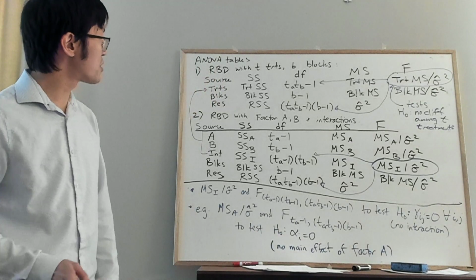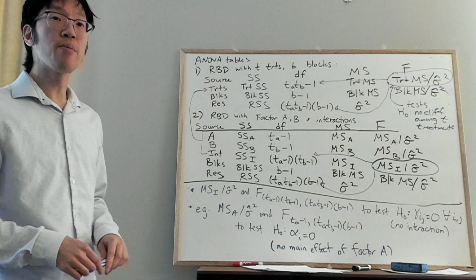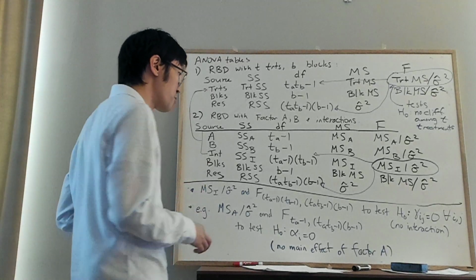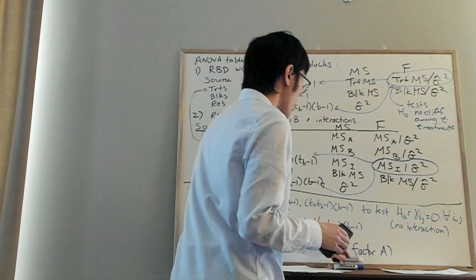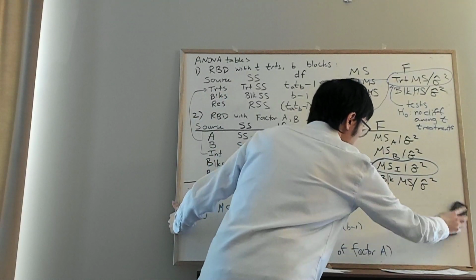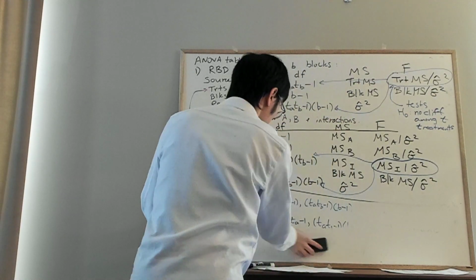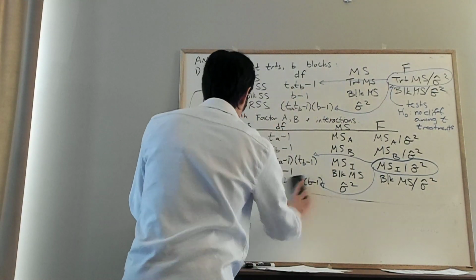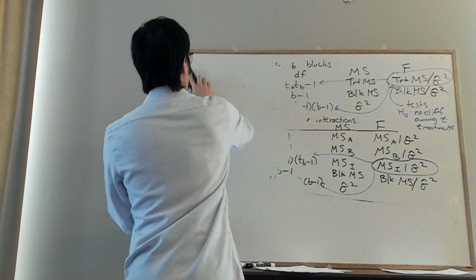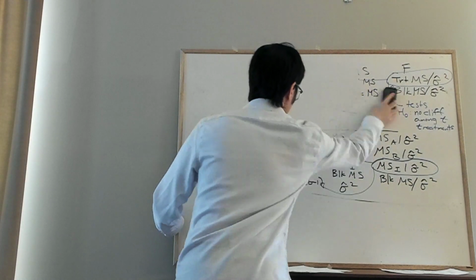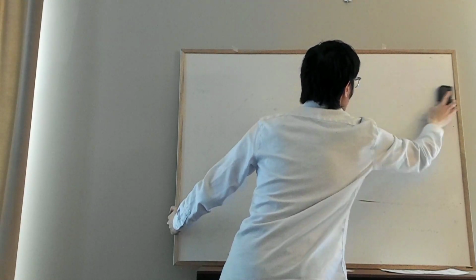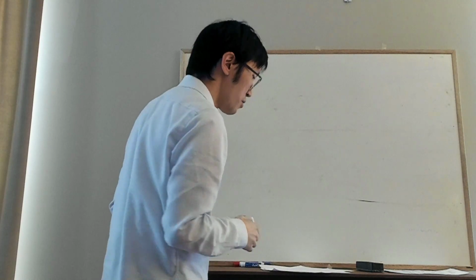Just to finish up this section, I'm going to write down what I just said as a flow chart, so it's easy to remember what hypotheses should be tested. This is the last thing I need to write down for this lecture. Let's call this our interaction flowchart.